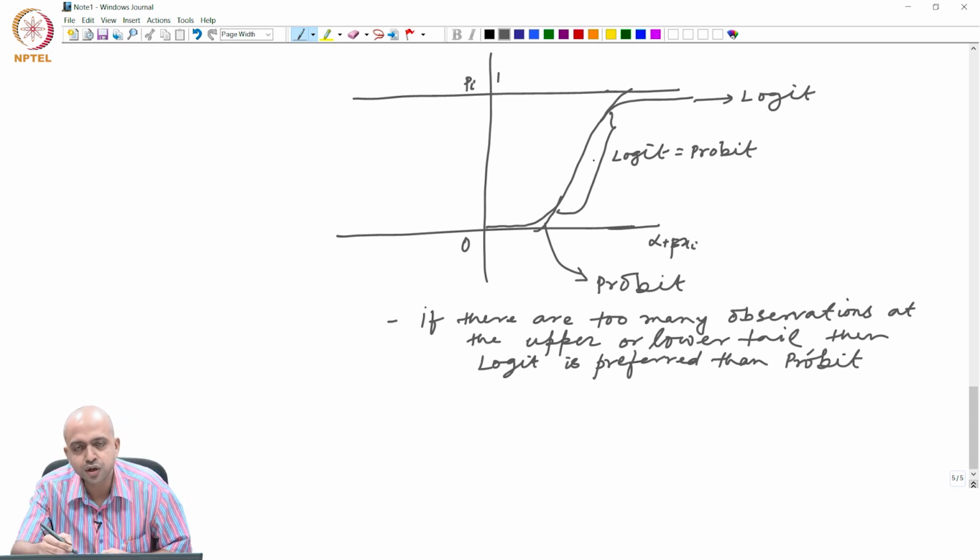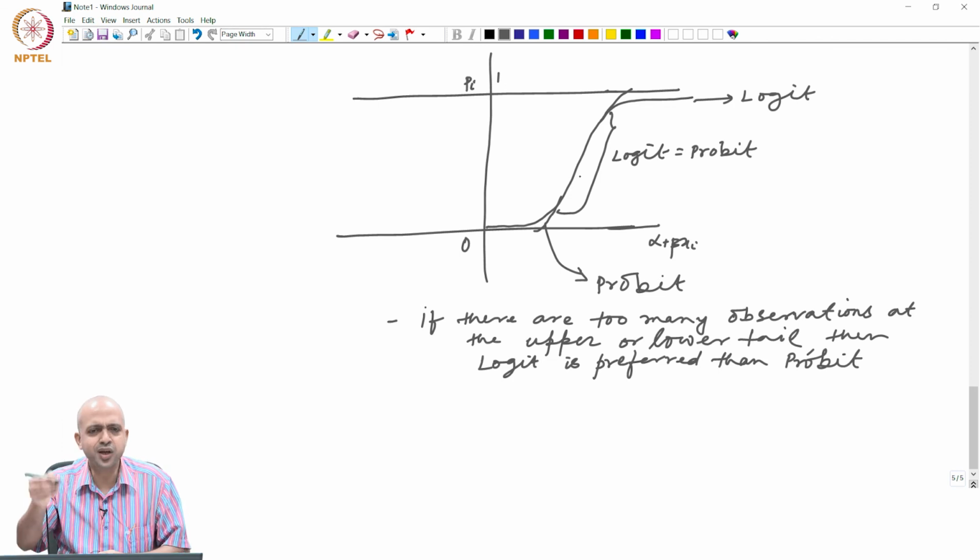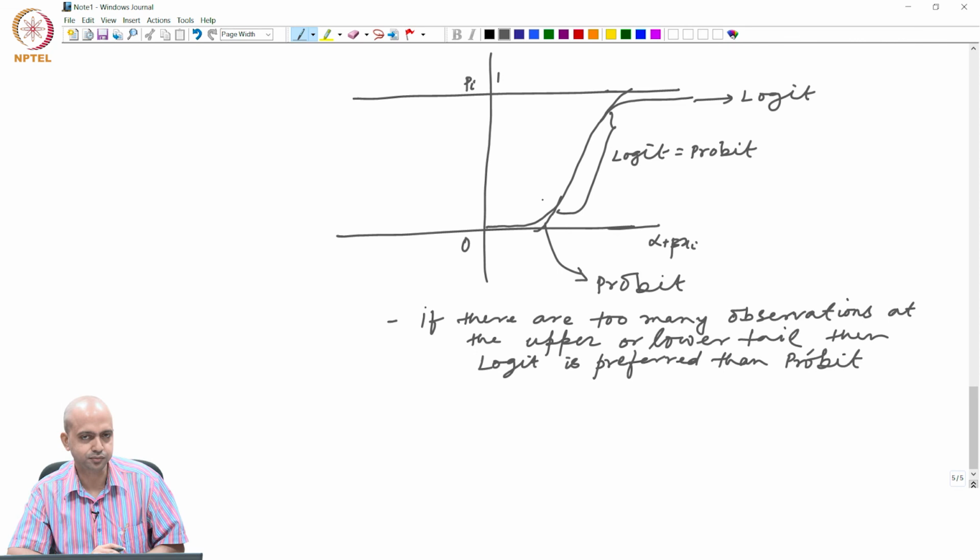But if your data says around 50-50, 40-60 or 45-55, something like that, then you are actually in the middle range. You have an equal number of zeros and ones, and then we can say that logit is equivalent to probit. Most of the cases we are actually in the middle range.